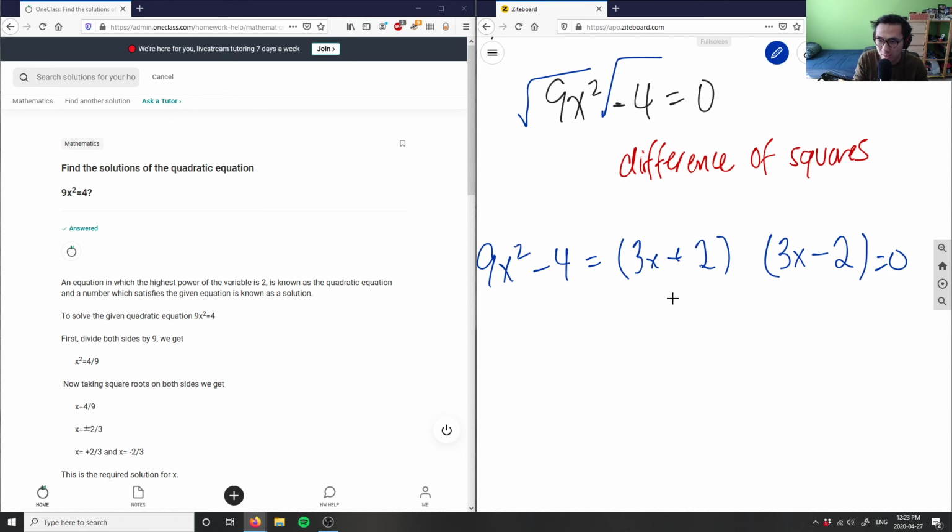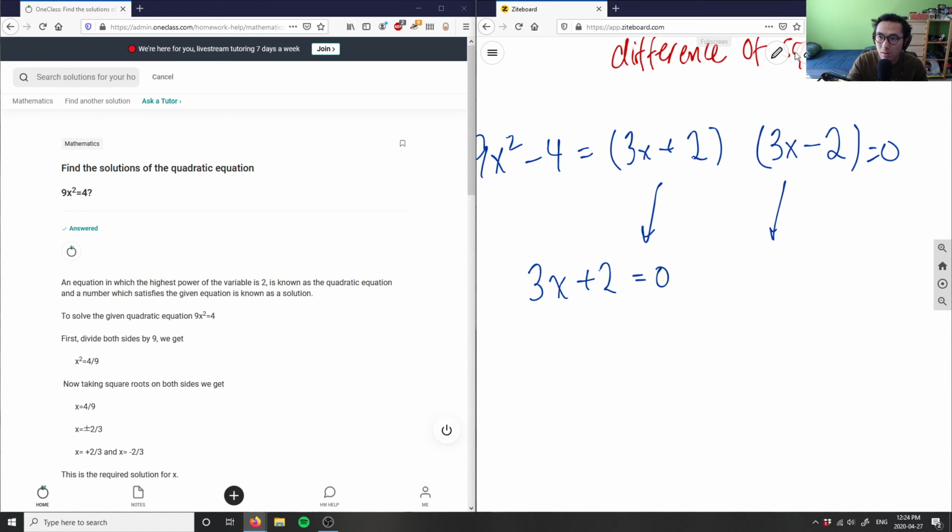What I can do is split this up into 2 parts and solve for my 2 roots, right? So I have 3x plus 2 equals 0, and then 3x minus 2 equals 0. Let me write this down here. I'm solving for my first one, x1.